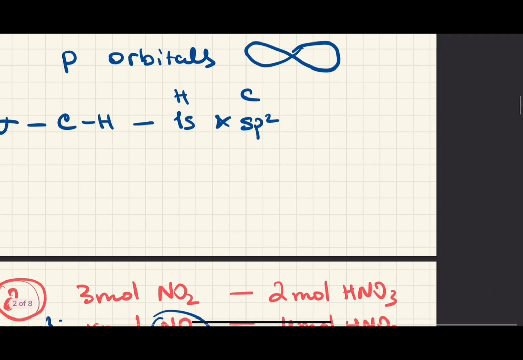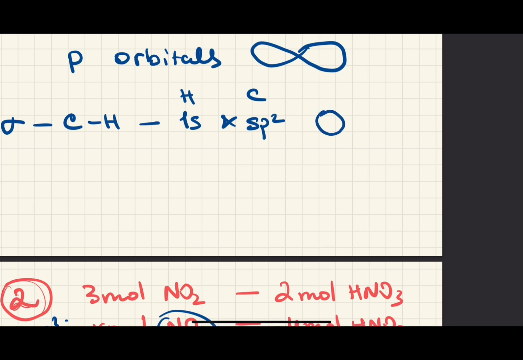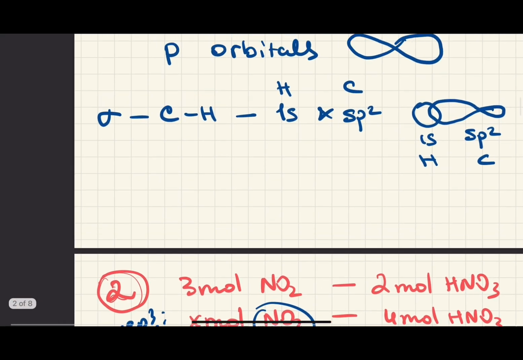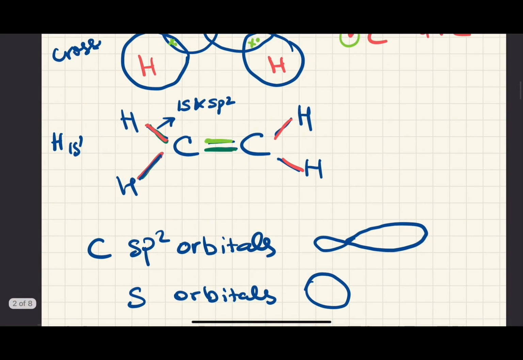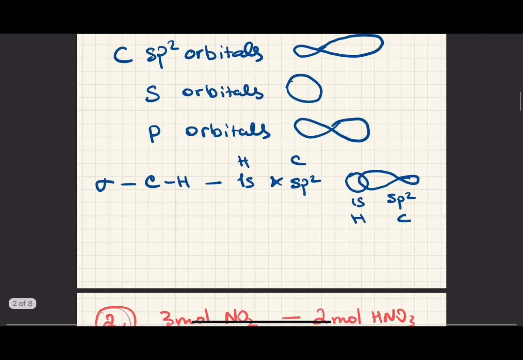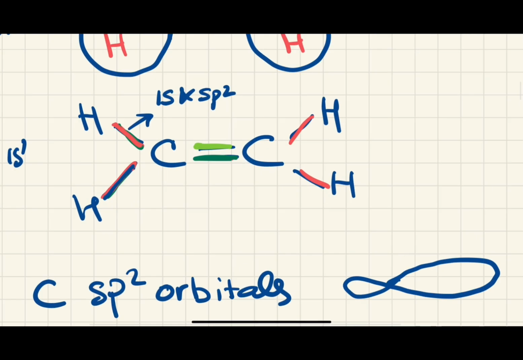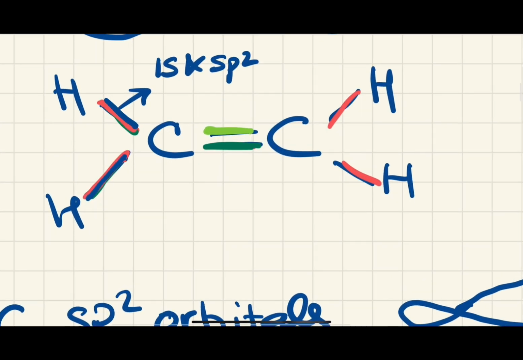And the way it's gonna look is just the orbital of 1s, and then the way we will draw it, and this is sp2 of the carbon. Okay, and then all of them are the same. So all four of them are the same. They are all the same.